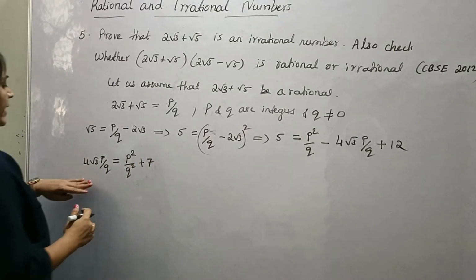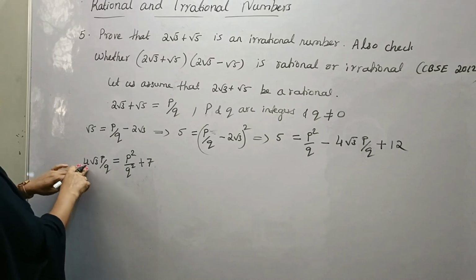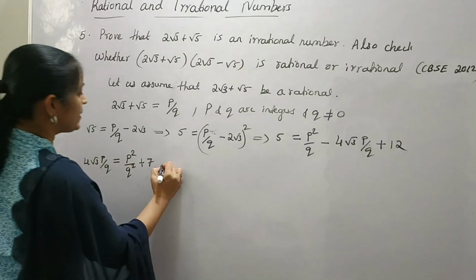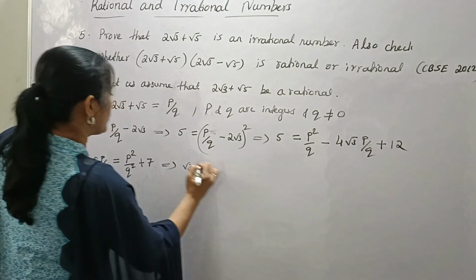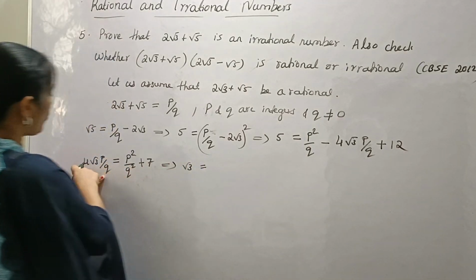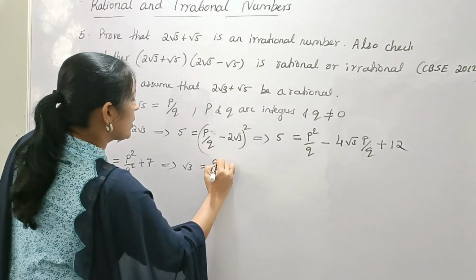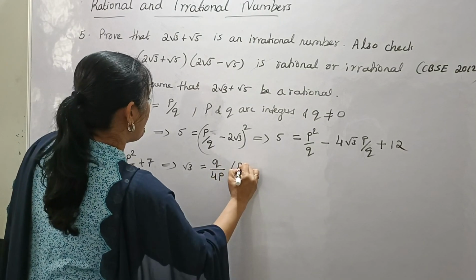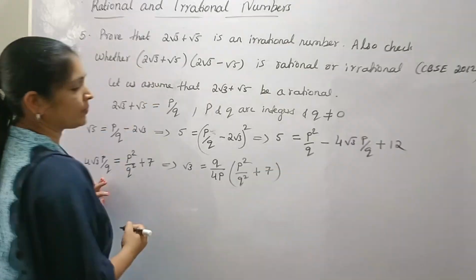Okay. After that, see here we need only root 3. So take this 4 p by q to the right side. This implies root 3 is equal to q divided by 4p into p square by q square plus 7.